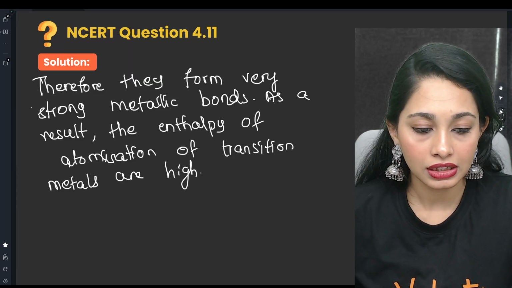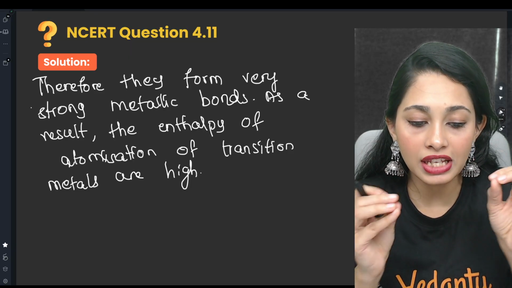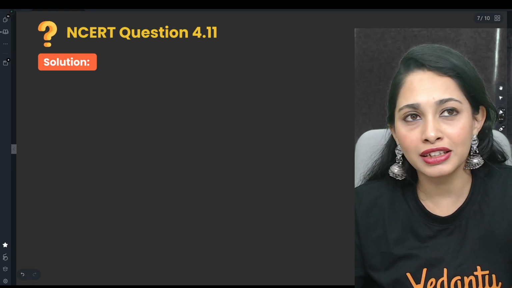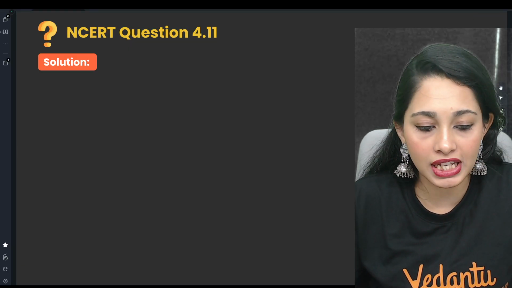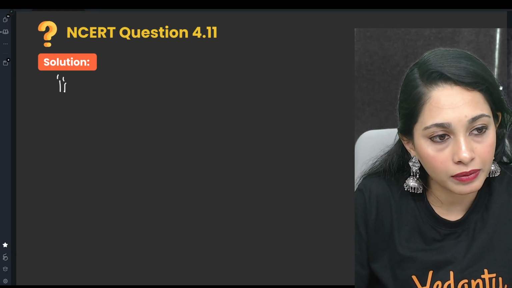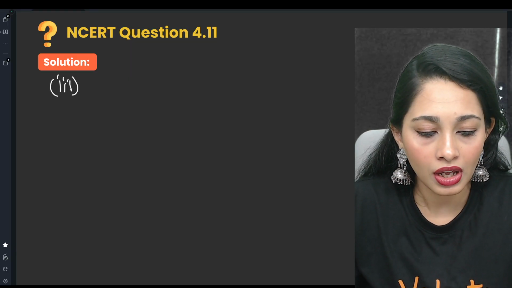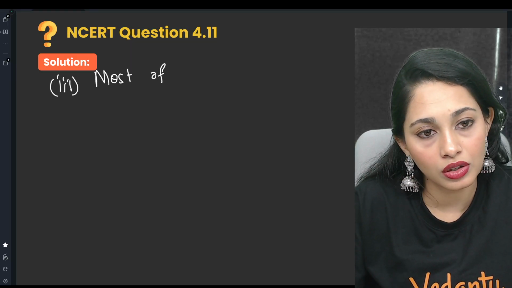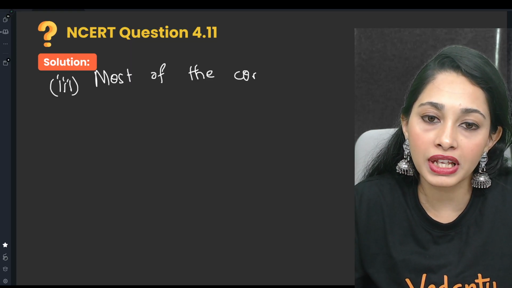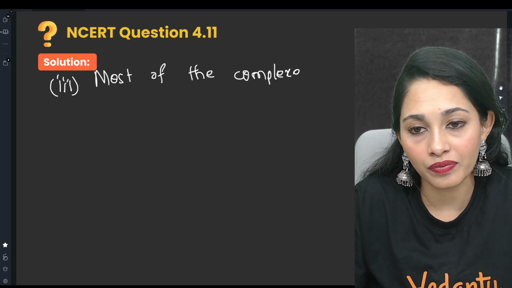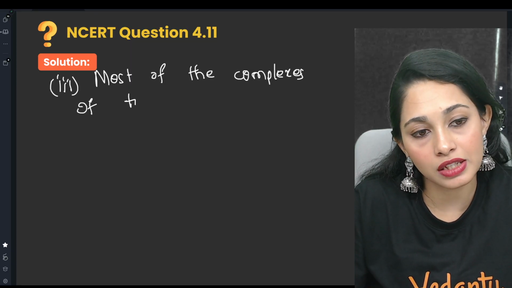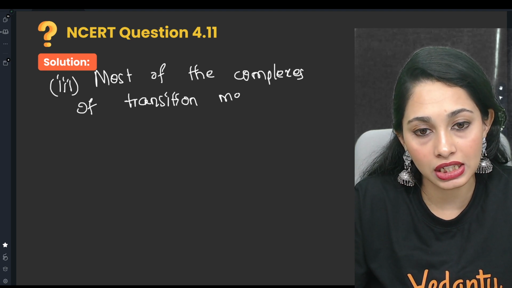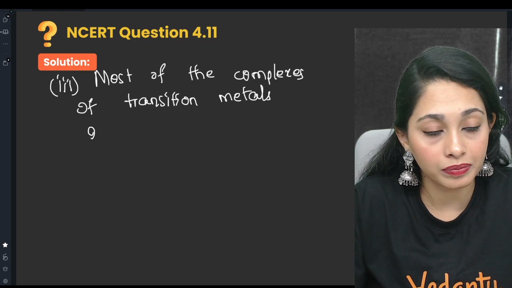And then the third one was that transition metals generally form colored compounds. This is studied in coordination compounds as well. Most of the complexes of transition metals are colored.